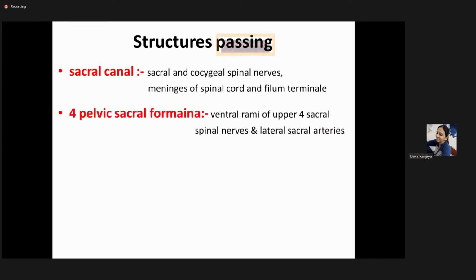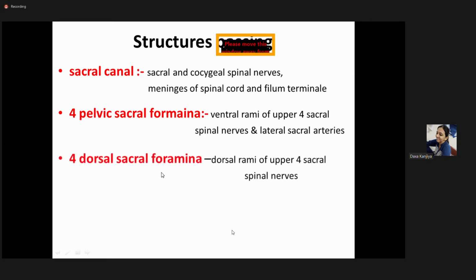Through the pelvic sacral foramina pass the ventral rami of the upper four sacral spinal nerves, as well as the lateral sacral arteries. These are branches of the abdominal aorta. The dorsal sacral foramina transmit the dorsal rami of the upper four sacral spinal nerves.